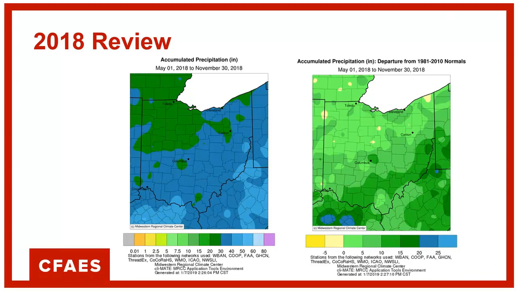So just to bring that to a more recent look, this is a 2018 review of precipitation. Precipitation in 2018, it was a pretty wet year, but it was near normal in the northwest of Ohio, not near normal in the southeast.